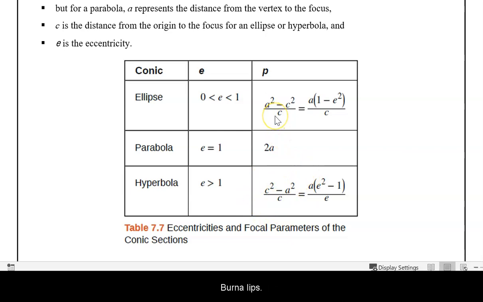For an ellipse, the focal parameter is a squared minus c squared divided by c. For the hyperbola, it's c squared minus a squared divided by c. They're both divided by c. The question is, which one is which one? It's pretty easy if you think of it this way.